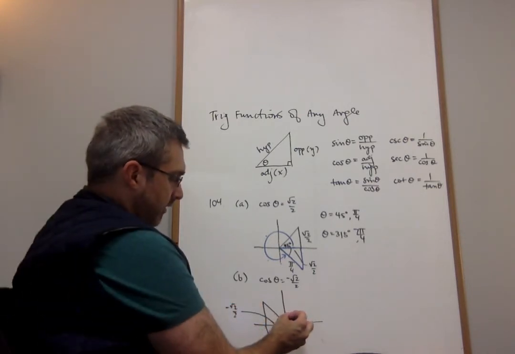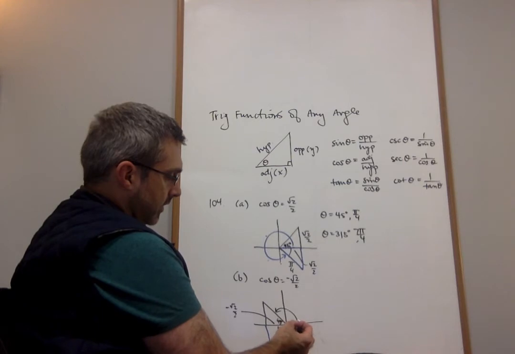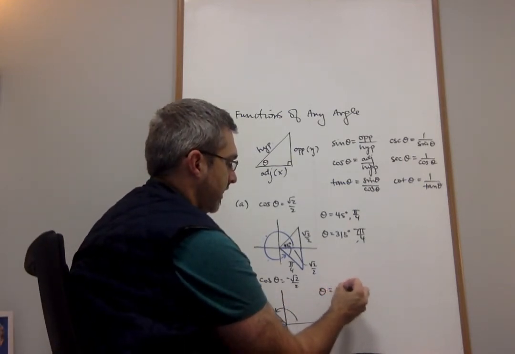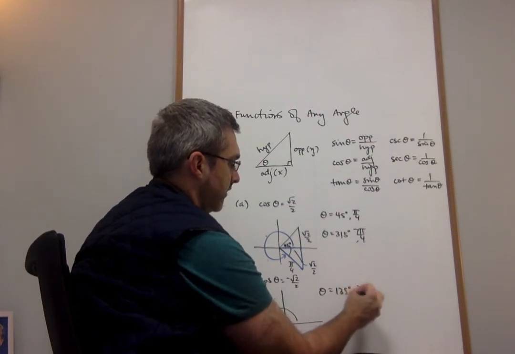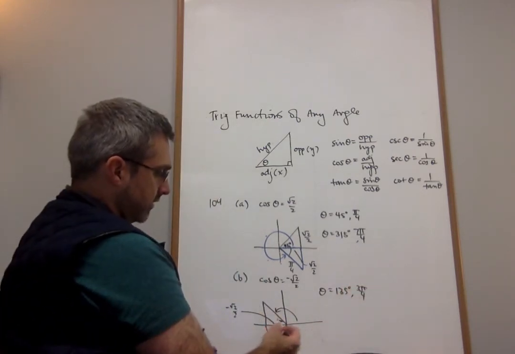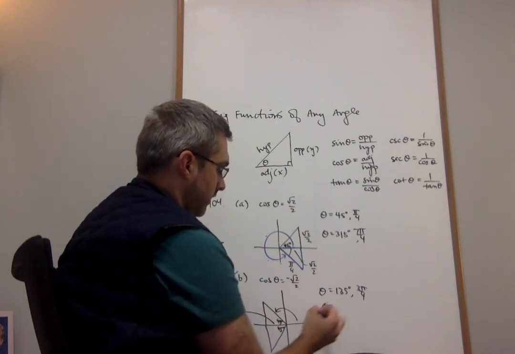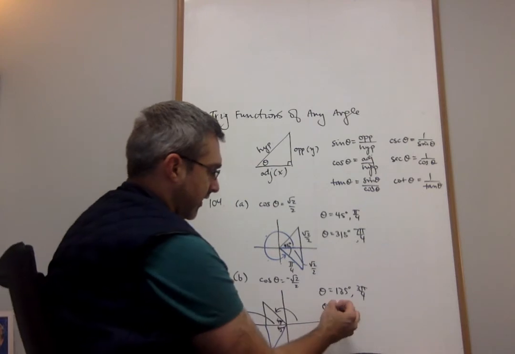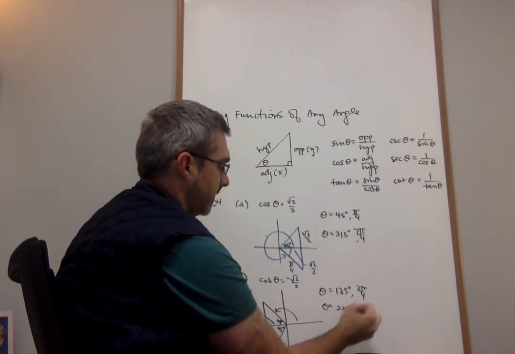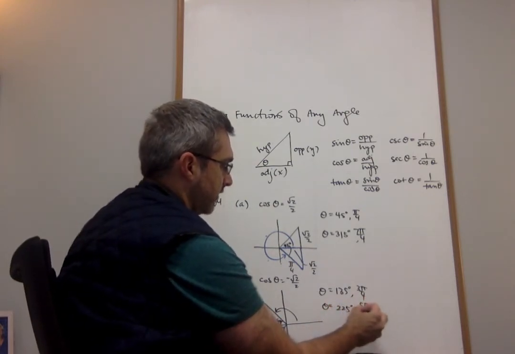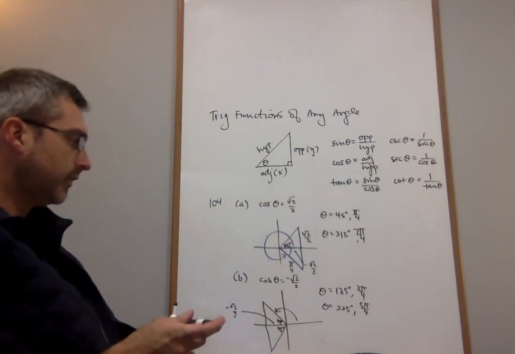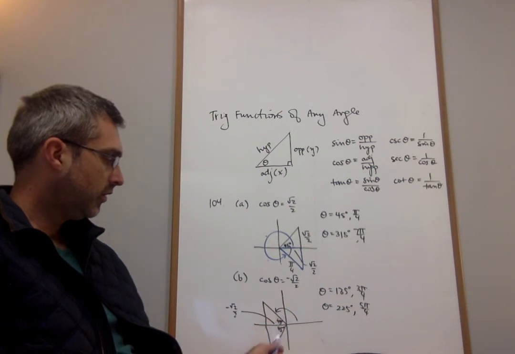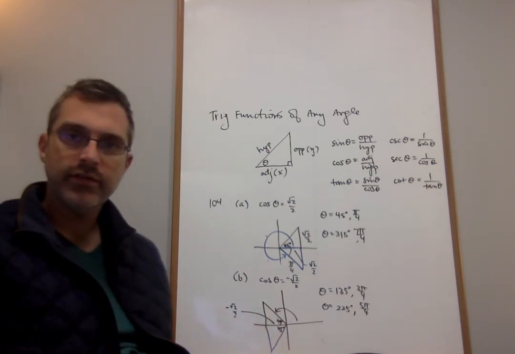The first one, this angle right here, is 90 plus 45. That's 135, or 3 pi over 4. The other one is 180 degrees plus another 45, so 225, or 5 pi over 4. So that's two angles whose cosine is negative root 2 over 2.